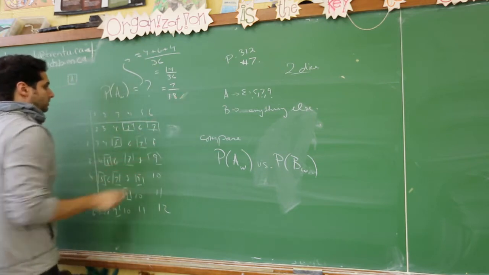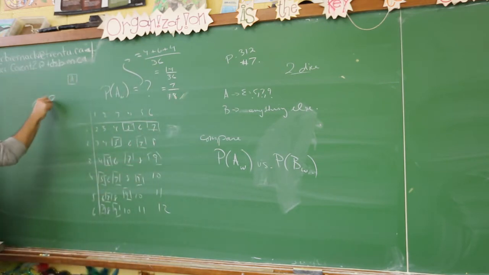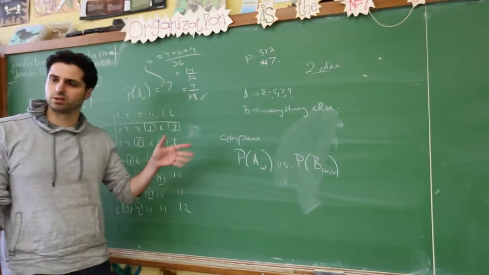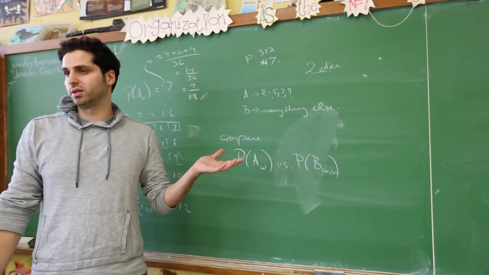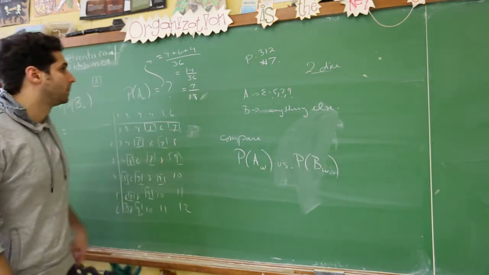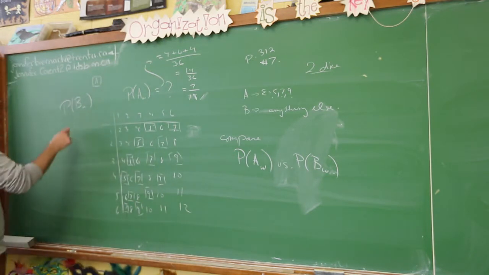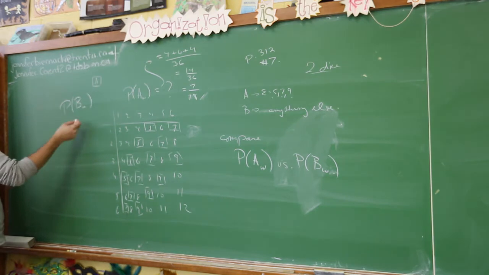Now, you have to calculate P(B wins). Well, the nice thing about this is, in terms of winners, this is binomial. If A doesn't win, who's winning? B. So B is really the opposite of A, isn't it?